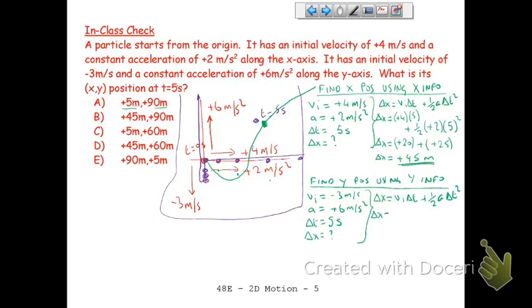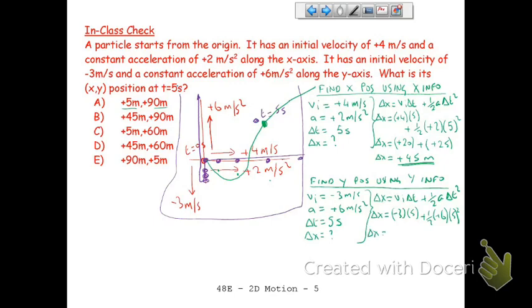Delta x is equal to minus 3 times 5 plus 1/2 times plus 6 times 5 squared.